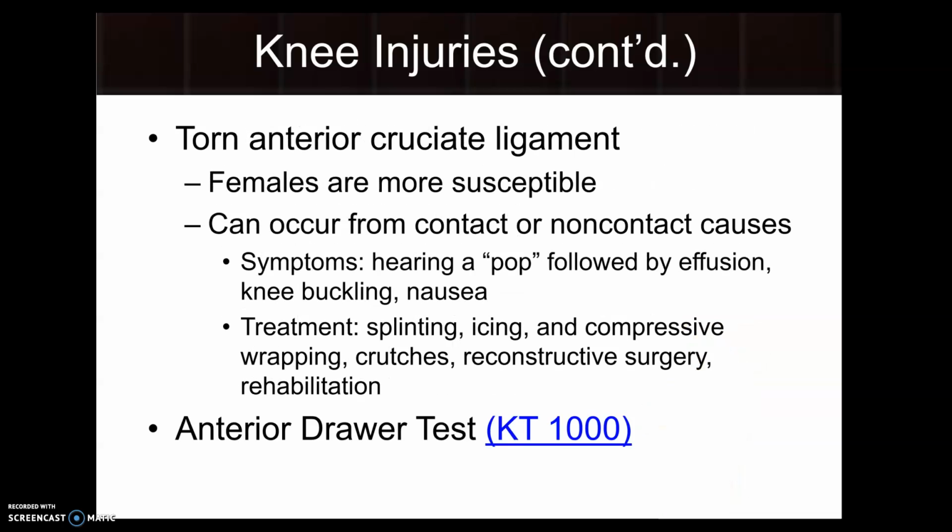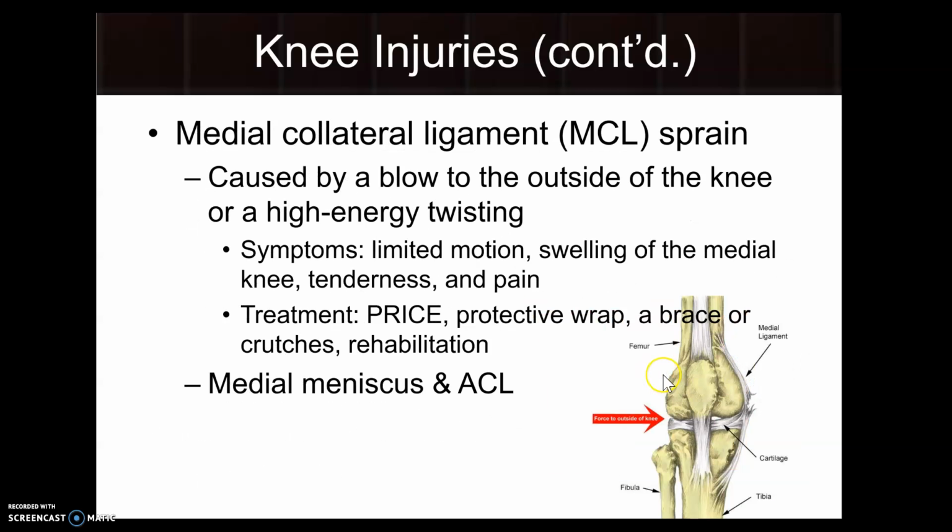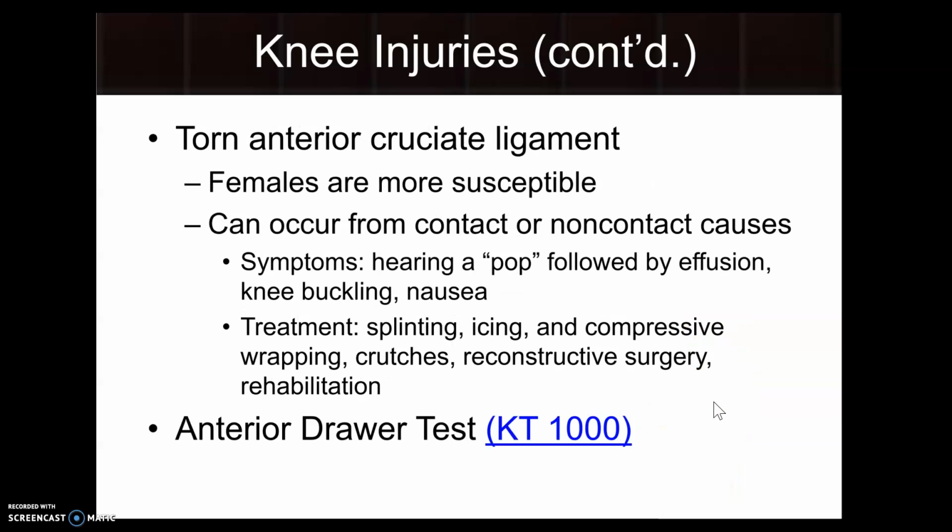Torn anterior cruciate ligaments. Females are more susceptible. In the knee of a female, the notch between the condyles of the distal end of the femur is more narrow, and that's why they're more susceptible. In order to determine the amount of ACL injury, you would use the anterior drawer test.